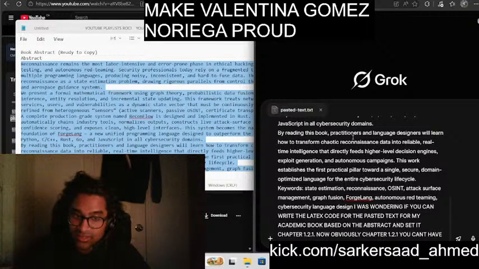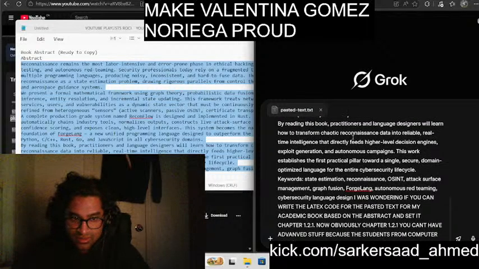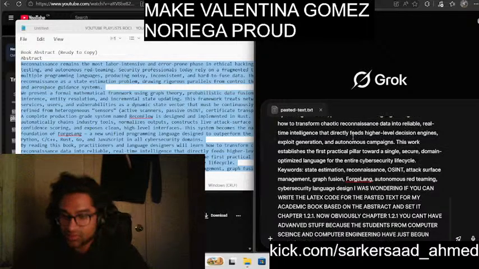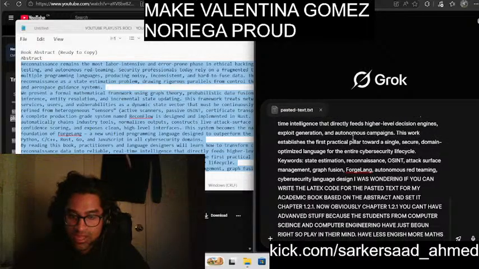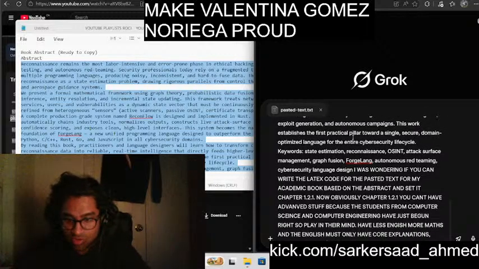They're the students from computer science and computer engineering, have just begun, right? So have less English, more maths, and the English must only have core explanations, core equations, core examples and stuff.